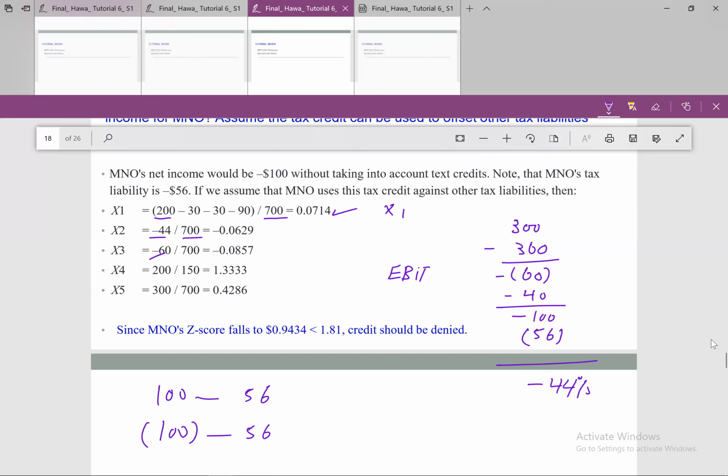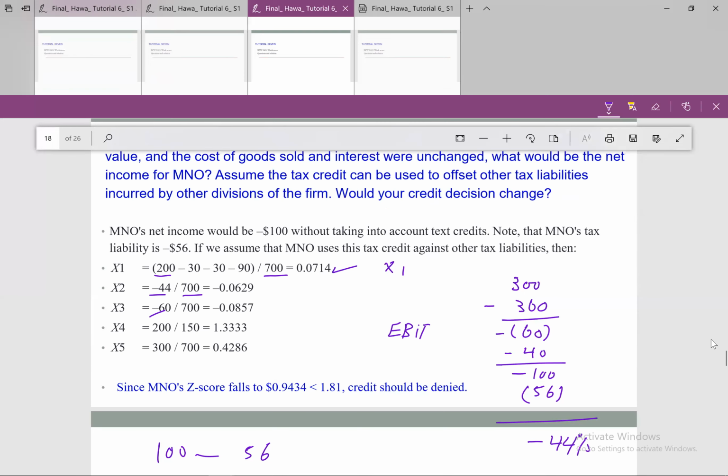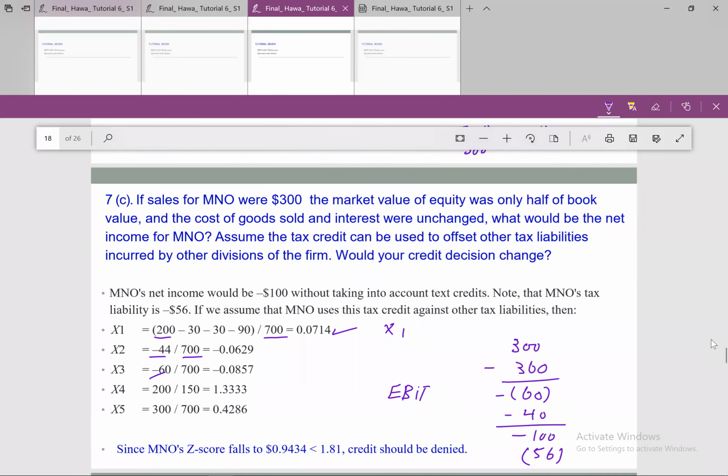And then the equity over the debt. I think they told me here that the market value of the equity was only half the book value, which is very logical. If you are making losses, the market will perceive you very badly. The market cap of the company will drop dramatically.